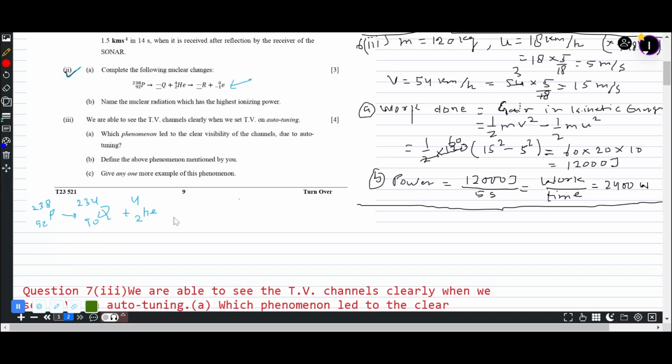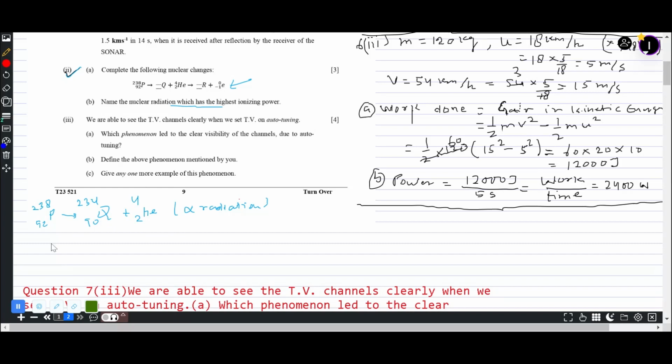So the first one was alpha radiation. Helium is the alpha particle. Name the nuclear reaction which has the highest ionizing power. Alpha has the highest ionizing power because it has two heliums. Now that was alpha radiation, and the second part of question A is still remaining.